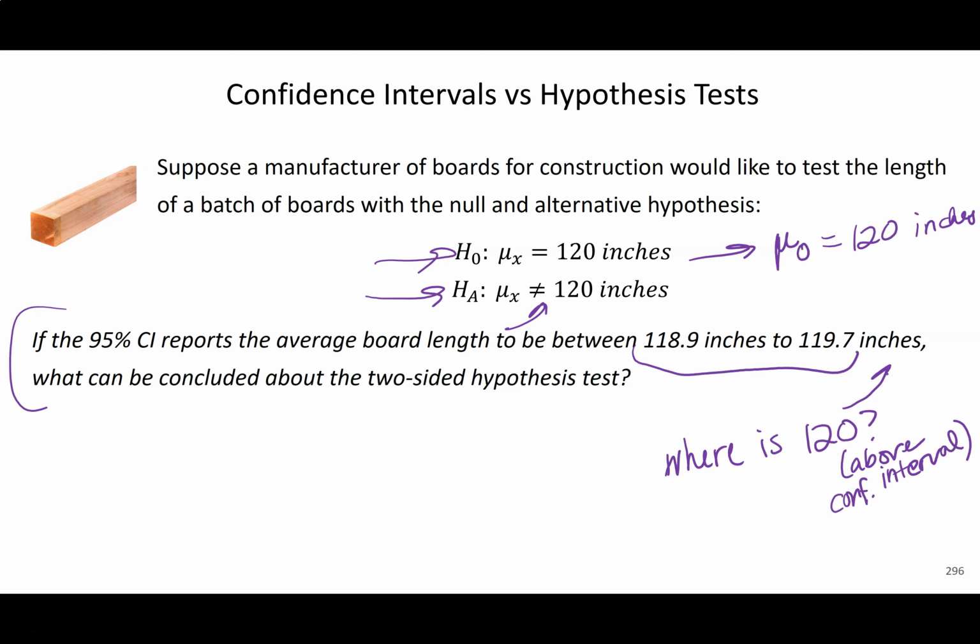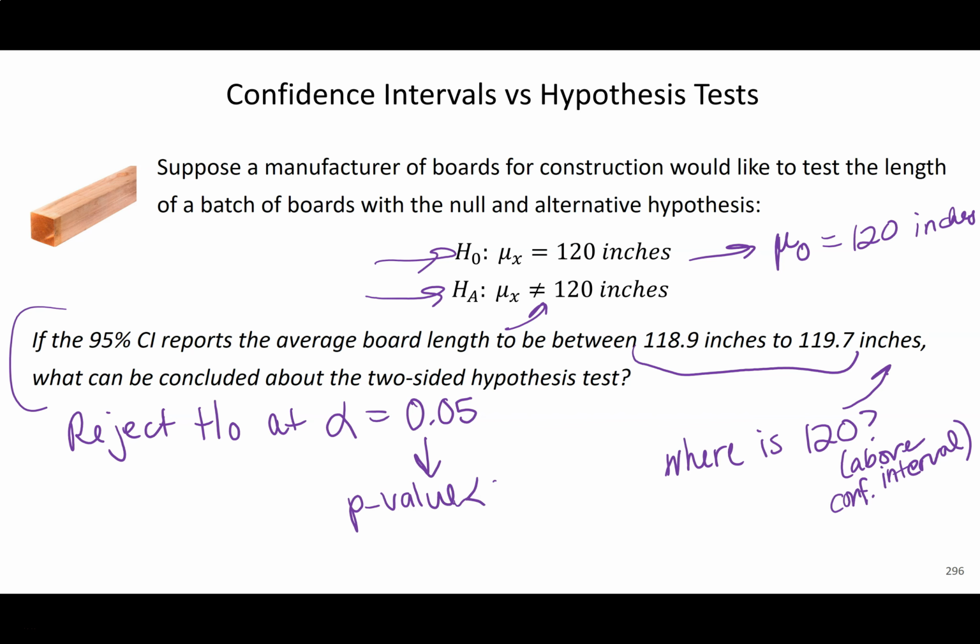Because it's not inside, this means that we would reject the null at alpha equals 0.05. This means our p-value is smaller than 0.05. Technically our two-sided p-value, but we'll get into that another time.